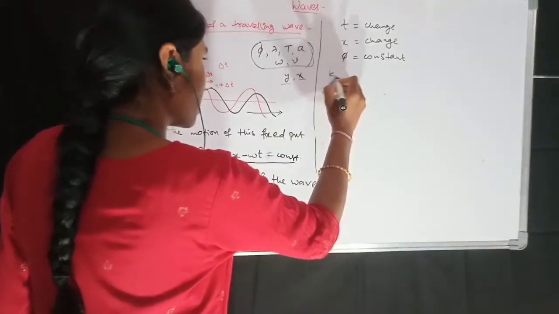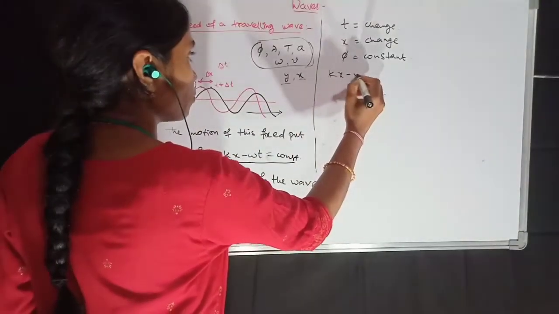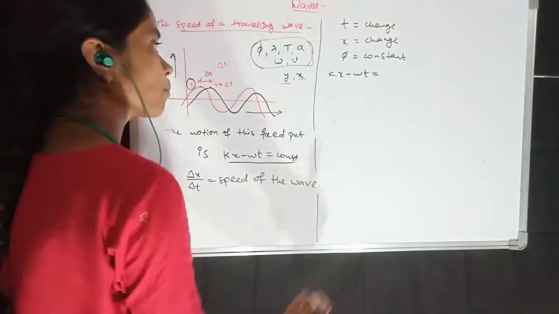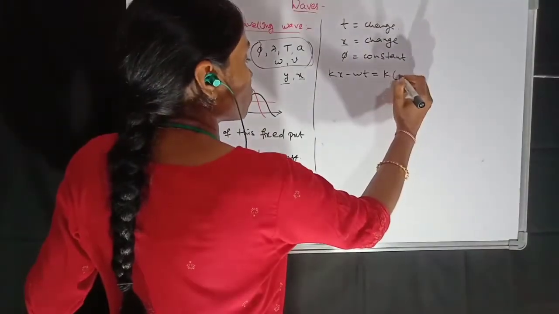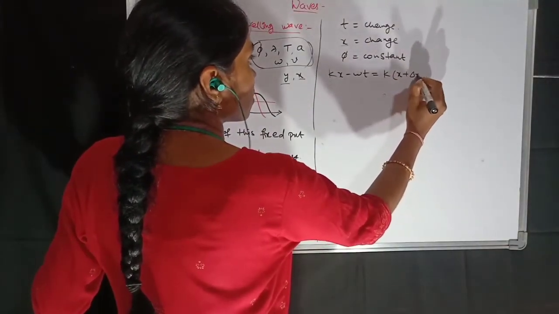Now kx minus omega t can be written as k times x plus delta x minus omega times t plus delta t. Why?